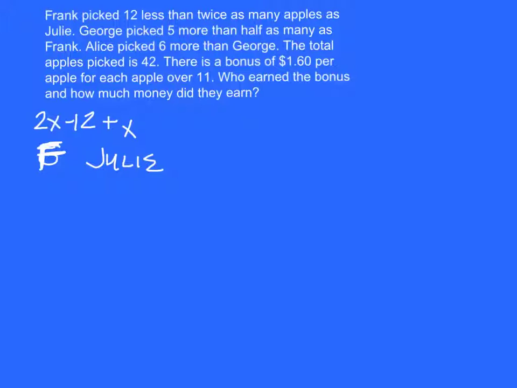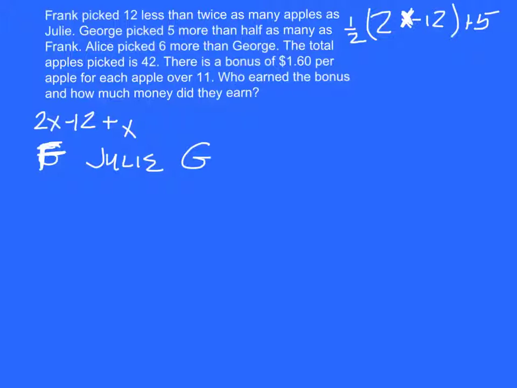And then the next person now is George. George, he picked 5 more than half as many as Frank. So here's Frank. 2x minus 12. And what should I put around this? Parentheses. George picked 5 more than. Where does the plus 5 go? On the back. And then what about half?